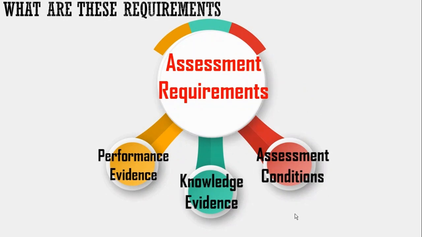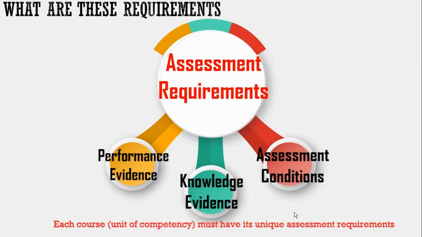At this point, it's good to note that each course or unit of competency must have its unique assessment requirements. So if you want to know that, probably you need to visit all the units of competency in the OS, and you see the uniqueness when it comes to assessment requirements.